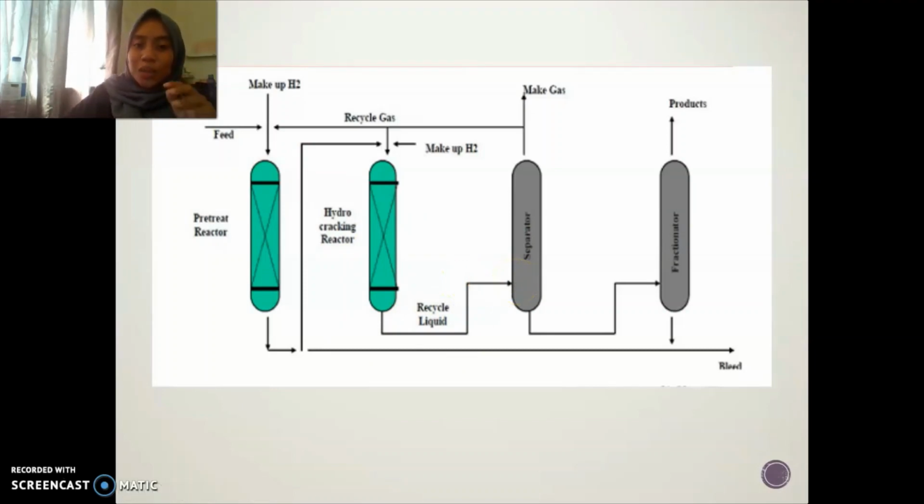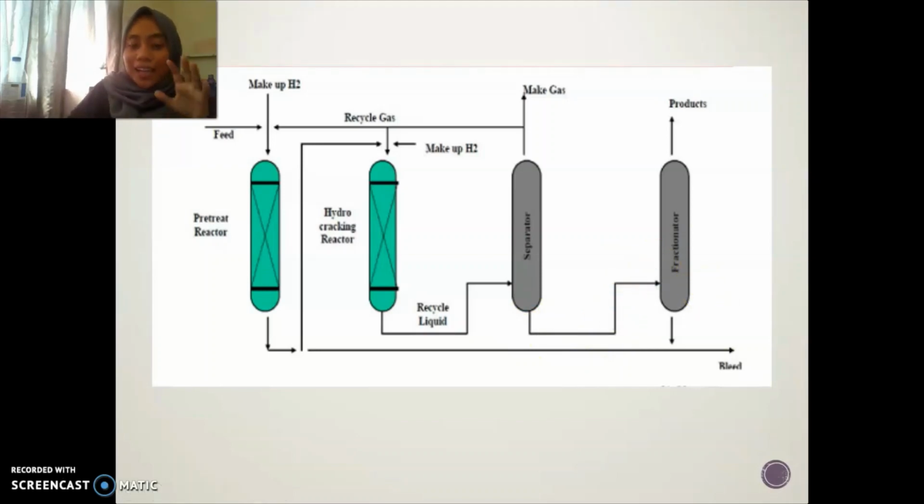So the mixture of the cracked product will be discharged at the separator, and the separator is used to separate the hydrogen gas and the product. So the hydrogen gas will be discharged at the top of the separator, and it will be used again for another cracking process. Meanwhile, the product will go to the fractionator.